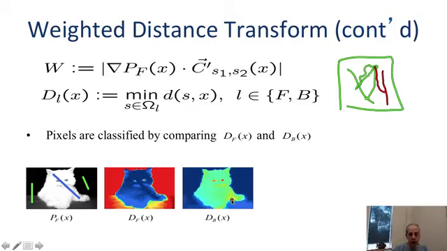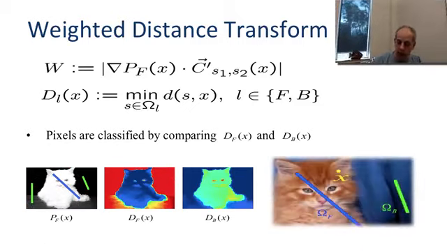So I want to repeat that once again. We first computed the probability based on the color distributions that the user has marked for us. Then I'm going to use a figure to illustrate that. From every pixel in the image, let's compute curves that start at the pixel and finish at the scribble, and let's see what the cost of traveling that curve is. And the cost is given by this function.